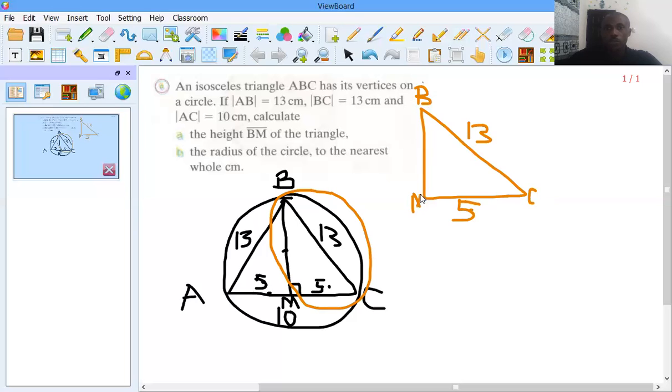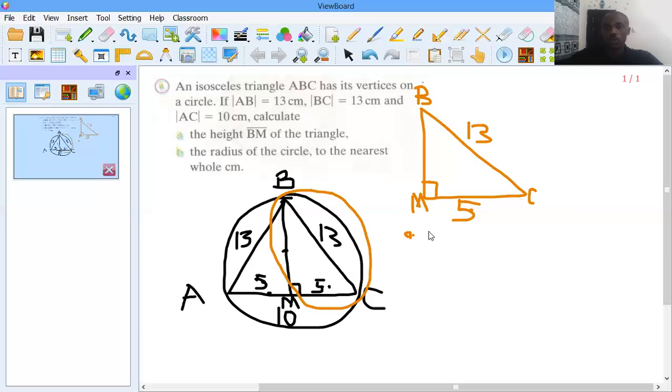So to answer the first question A, it says calculate the length DM. Of course, this is a right angle triangle, and in solving a right angle triangle, the best theorem to apply for the length of any side is Pythagoras theorem.